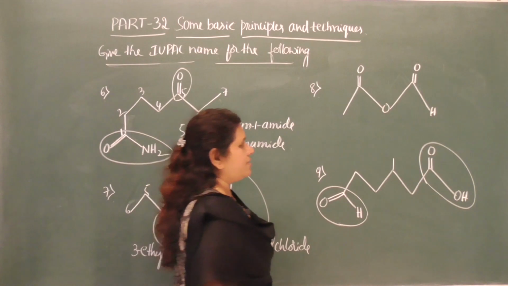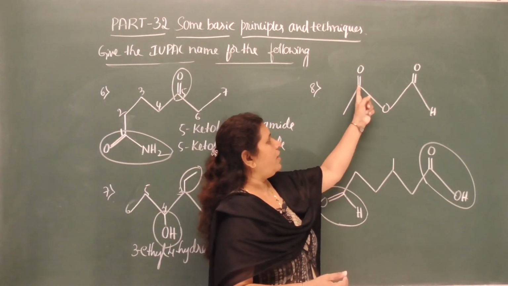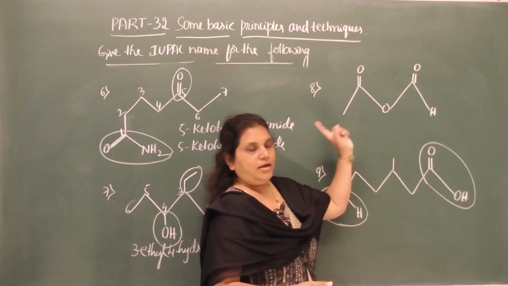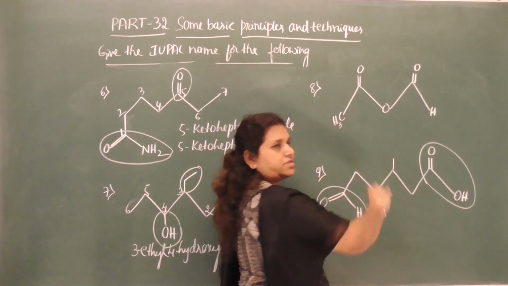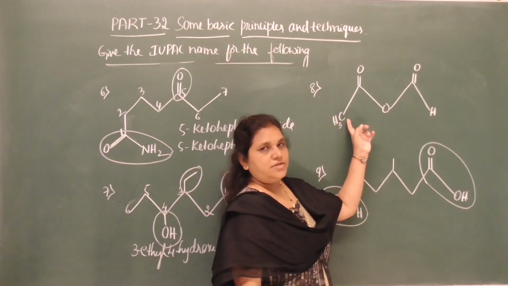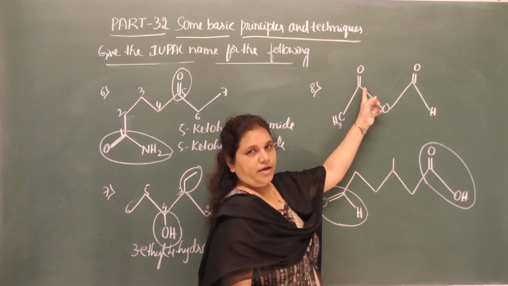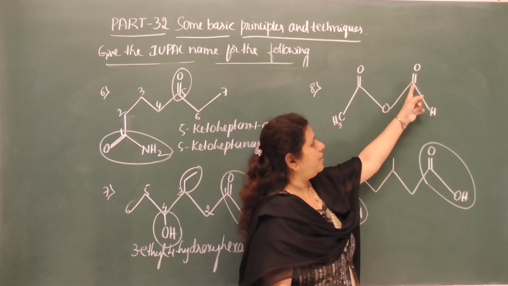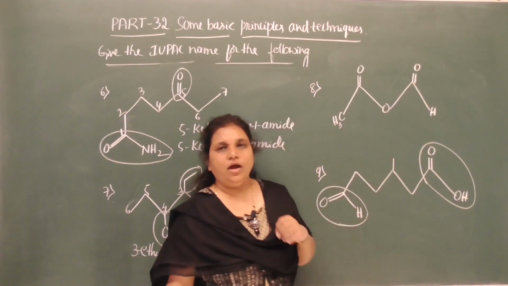As I said, it is an anhydride compound. See here, one carbon, and here the terminal position is CH3, correct? CH3C becomes eth, correct? Two carbon atoms. But here we have only one carbon because the terminal position is bonded to hydrogen.